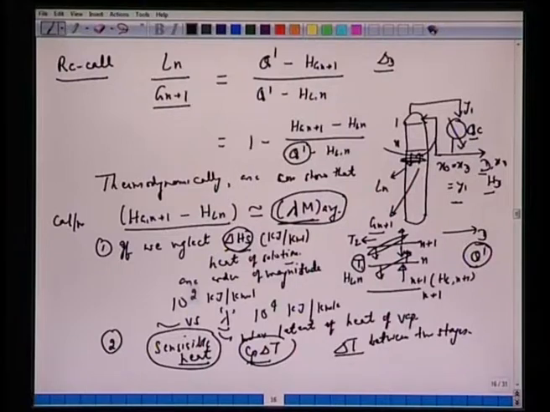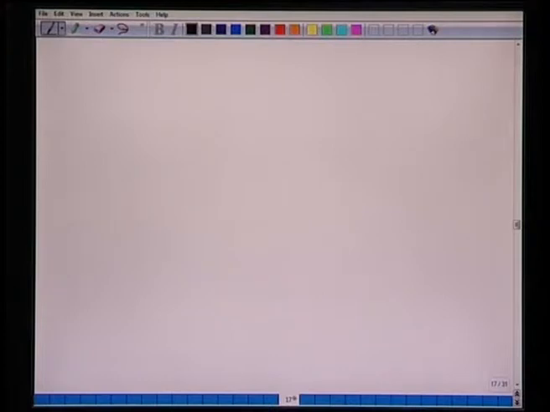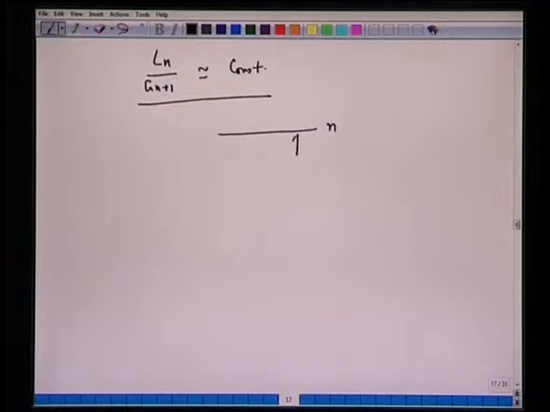Alright, so with this assumption of Hgn plus 1 minus HLn being constant, you can see here that the ratio of Ln over Gn plus 1 can be assumed to be constant. That means if you look at plate N, we have the molar flow rate of vapor Gn plus 1, and the liquid which is leaving this plate, Ln.